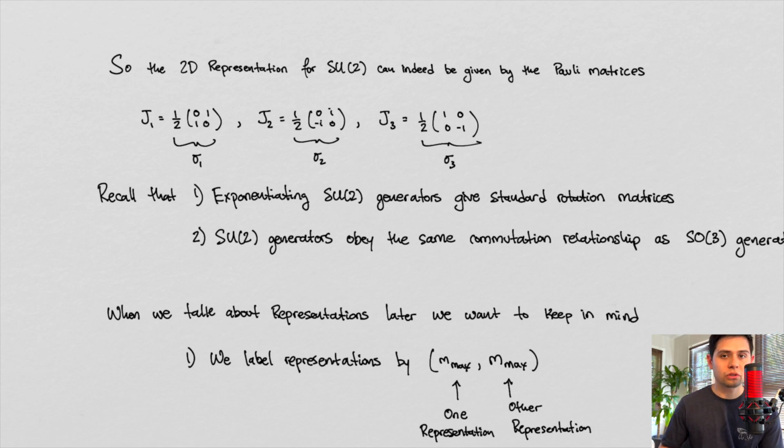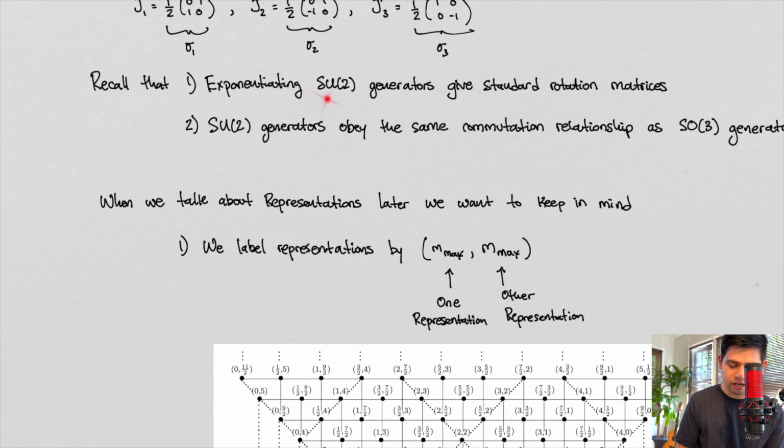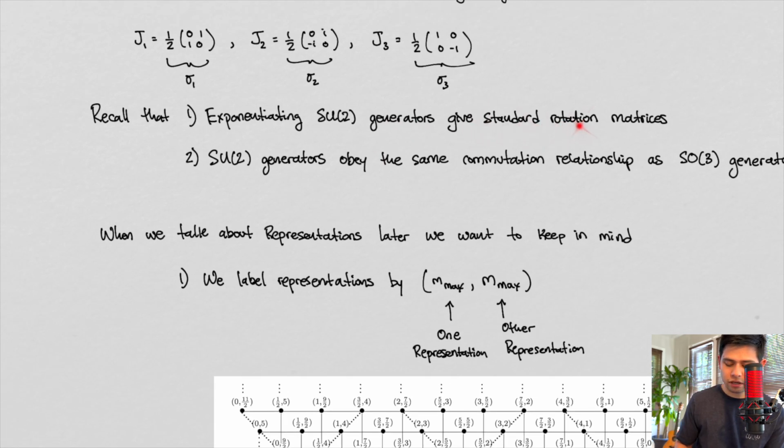So the 2D representation of our SU2 can indeed be given by our Pauli matrices, which is going to be interesting, again, because then the question becomes, what exactly are the objects that these SU2 matrices act on? Which is an interesting question, right? So we also found, if you recall, that exponentiating our SU2 generators, or our Pauli matrices, gives us standard rotation matrices.